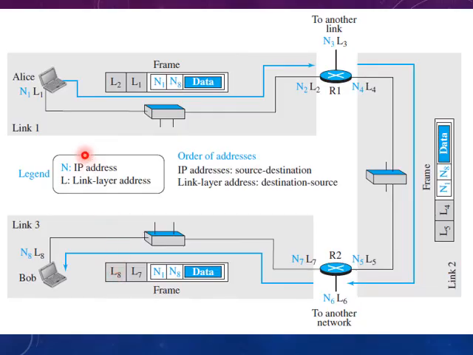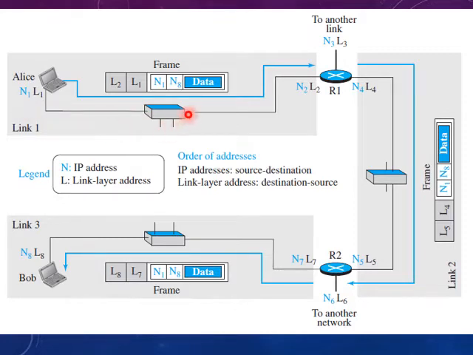Let us look at this scenario here. Here we have two people who want to communicate, Alice and Bob. Alice wants to send a message to Bob. Now Alice is connected via different switches and routers to Bob.